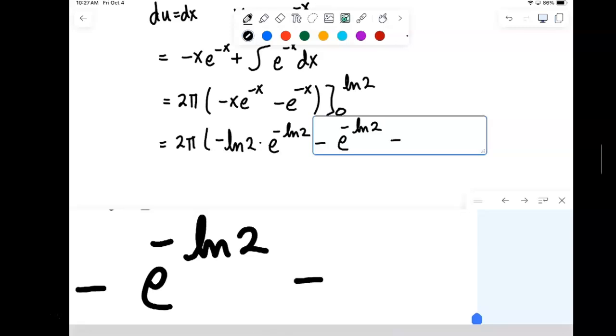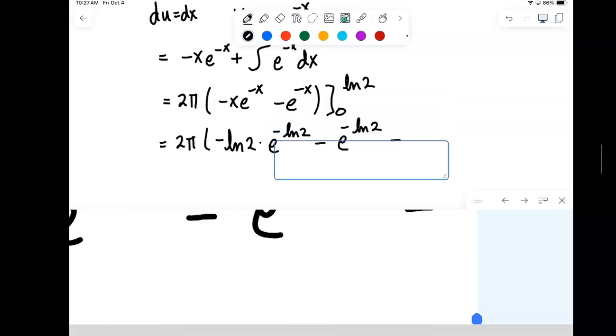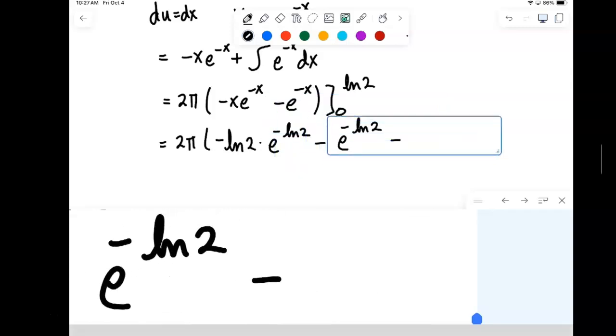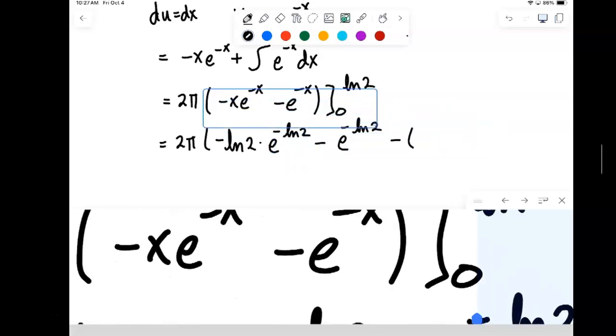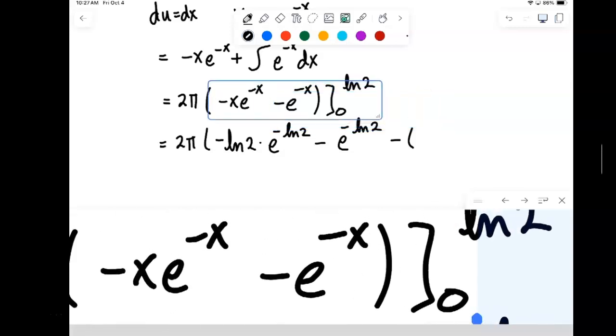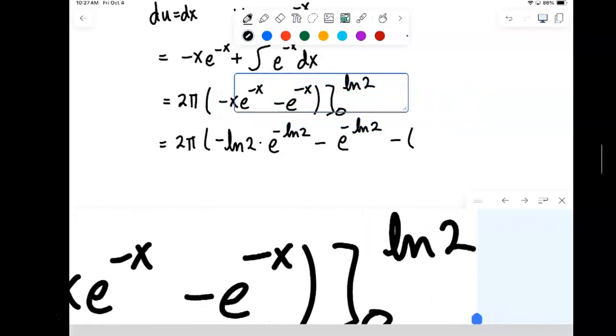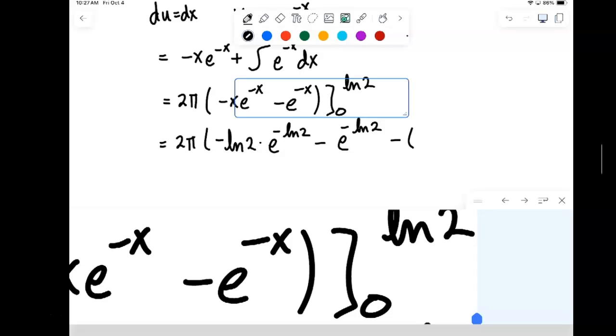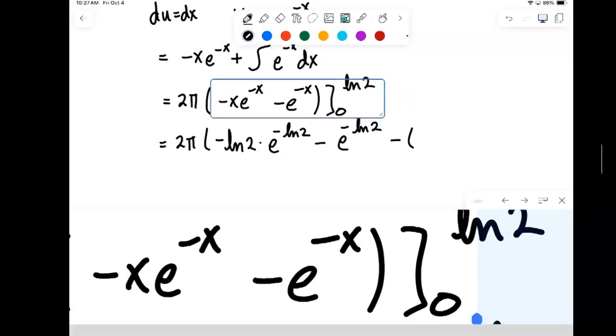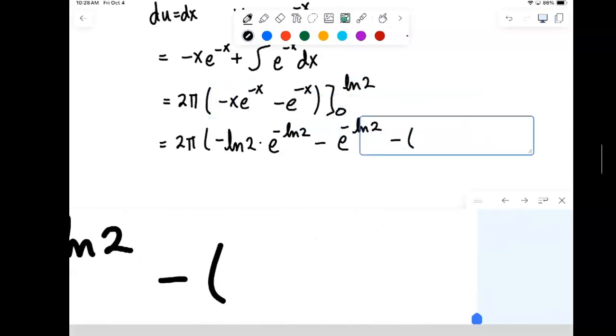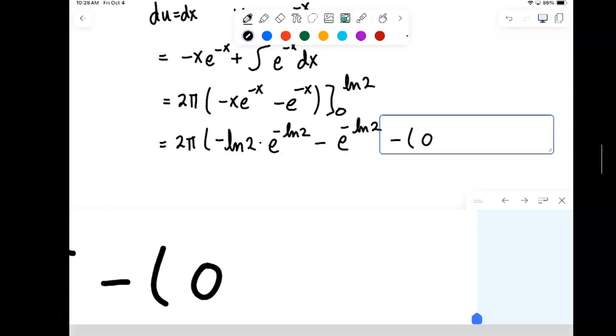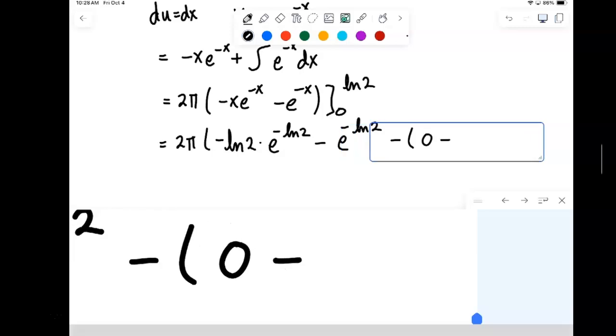And then minus, plug in 0. Well, when we plug in 0 for x, the first term has a minus x times e to the 0, but you have a minus times 0, so that first term is going to be 0, and then that's going to be minus e to the minus 0.